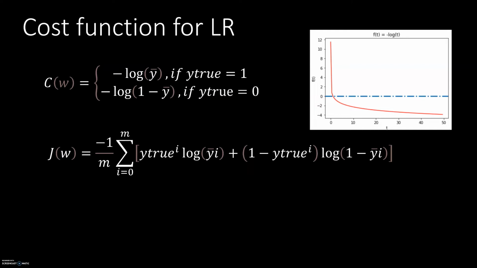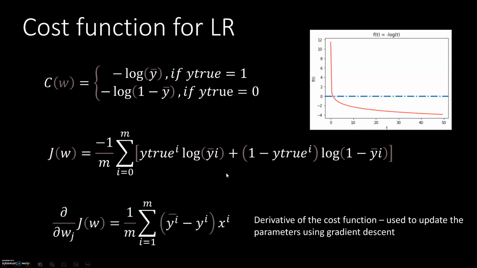Now, how do we minimize a function? From calculus, we know that we can find a minimum of a function by taking its gradient and setting it equal to 0. Same thing here. In order to minimize a function, the first thing is we want to find the derivative of the function.